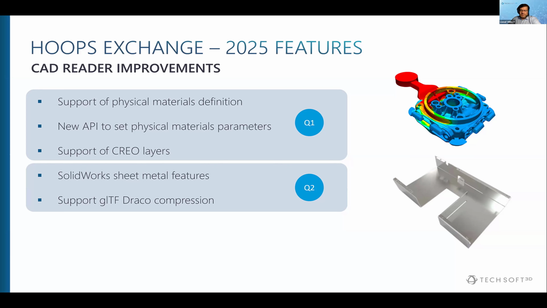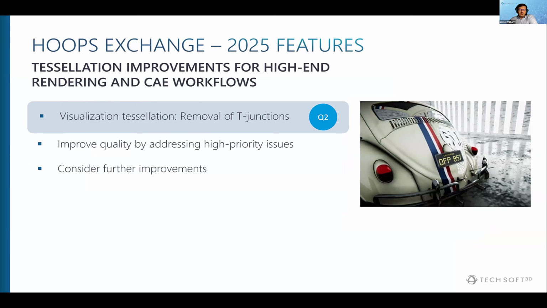But we have identified, and some of our partners also, some cases like high-end, high-quality rendering, where there are some limitations or some small issues. So this initiative is about first introducing, as a post-process, the ability to fix some of these identified limitations.